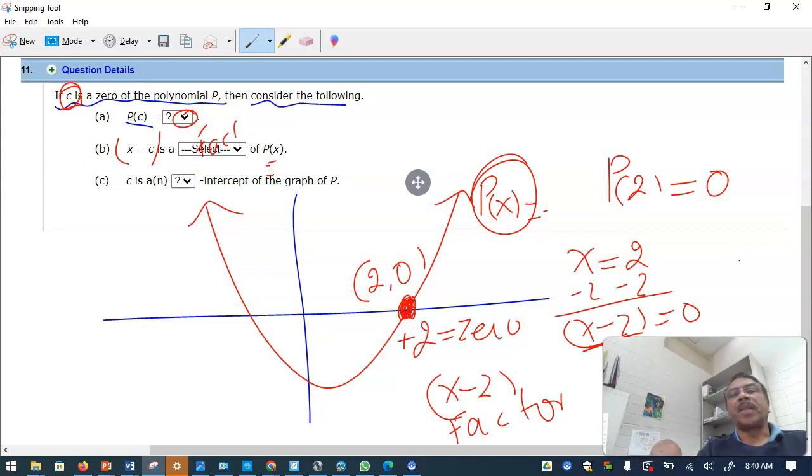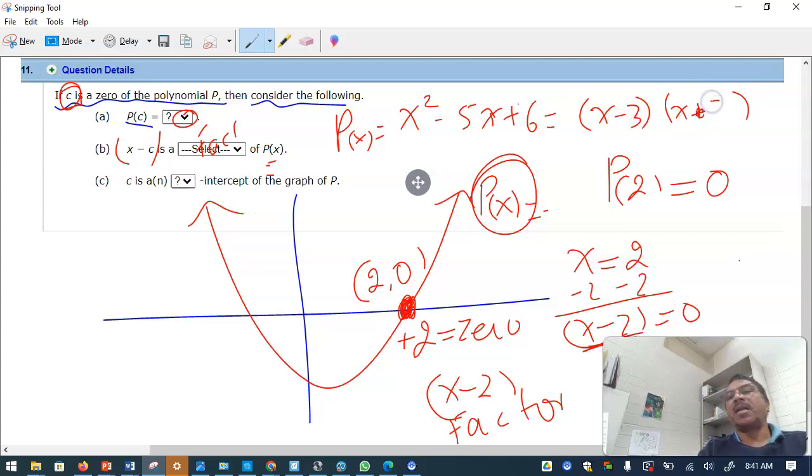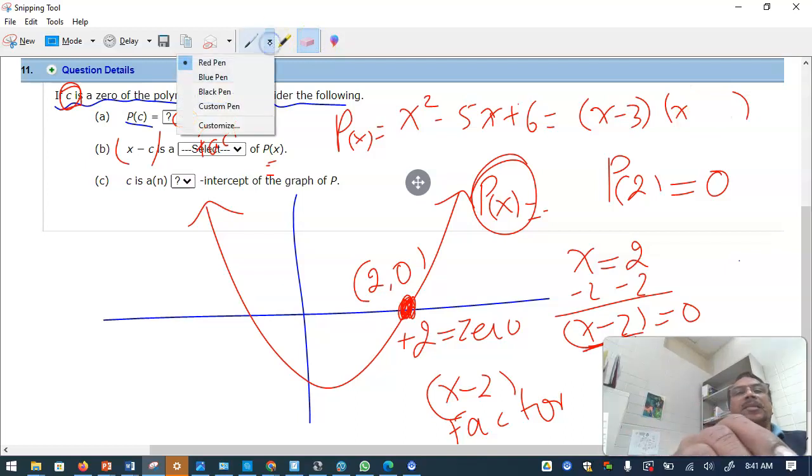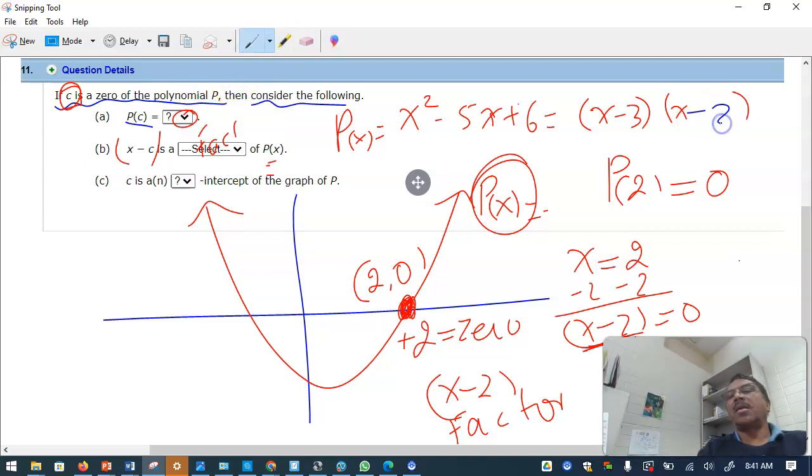If I write P(x) here, a simple example is x squared minus 5x plus 6. You can write this as x minus 3 times x minus 2, and you can see the zeros are 2 and 3. So this polynomial can be equal to 0.